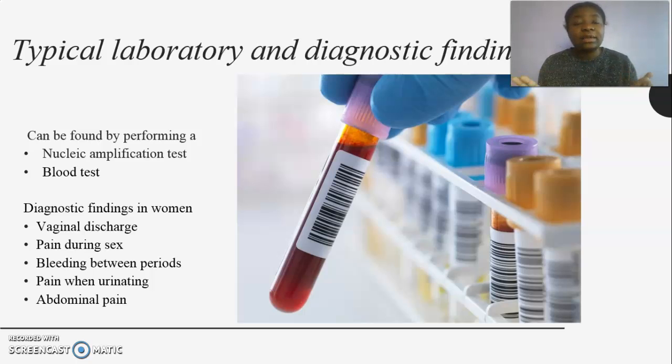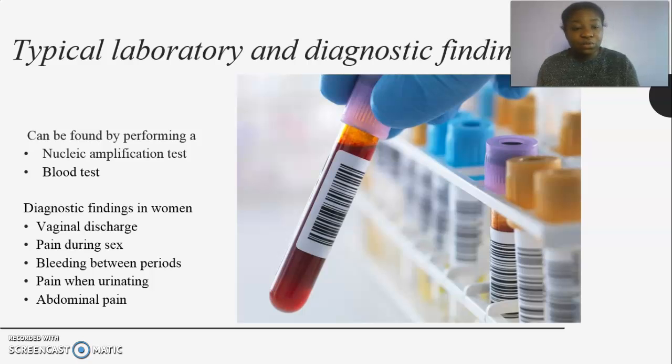Either can find the bacteria Neisseria gonorrhoeae in the blood or through any sexual organ, such as the anus, the penis, or the vagina, because secretions will occur, such as a milky secretion or a greenish secretion. Some may mistake this for a yeast infection.